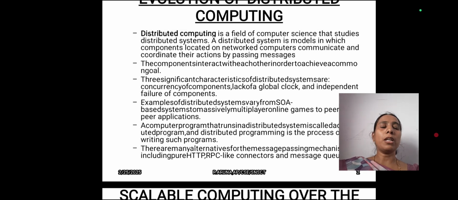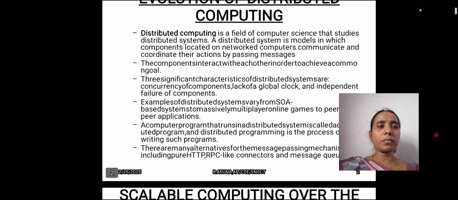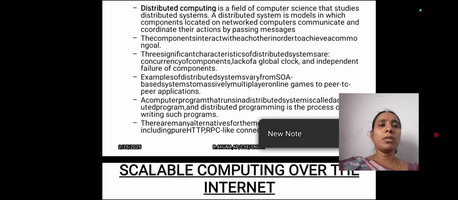The three significant characteristics of distributed systems are concurrency of components, lack of a global clock, and independent failure of components. Examples of distributed systems can vary according to SOA. SOA means service-oriented architecture, from massively multiplayer online games to peer-to-peer applications.